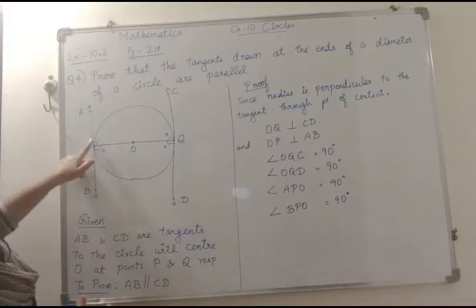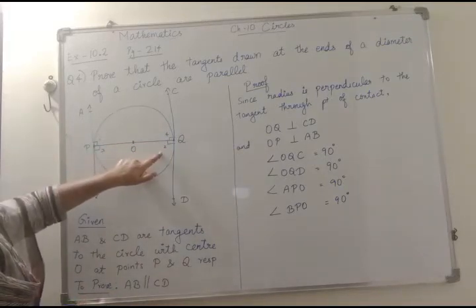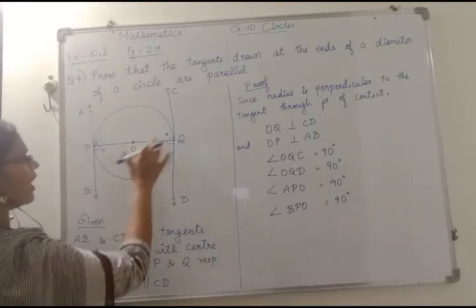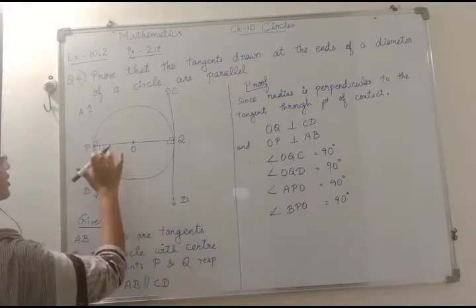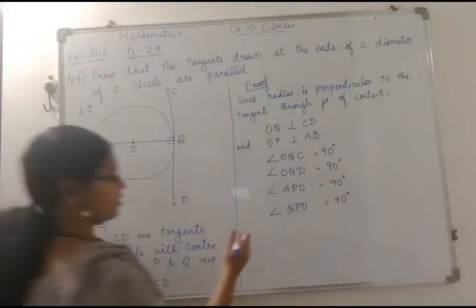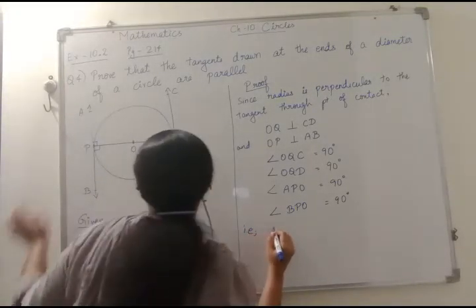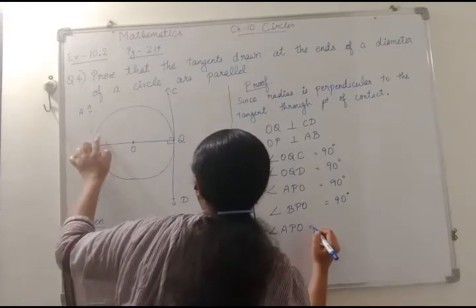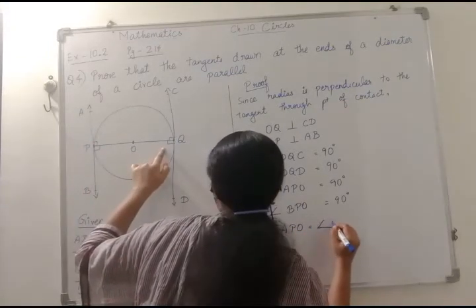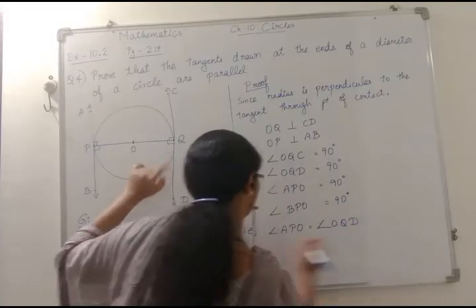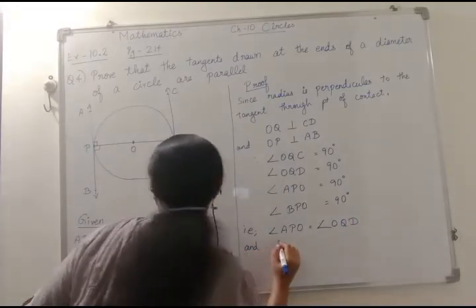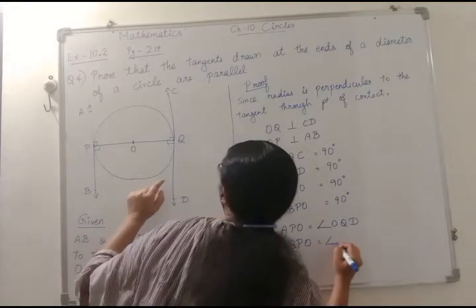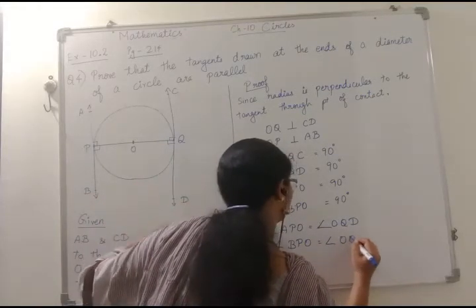That means alternate angles are equal. So, therefore, these two lines must be parallel. So, angle APO is equal to angle OQD and angle BPO is equal to angle OQC.